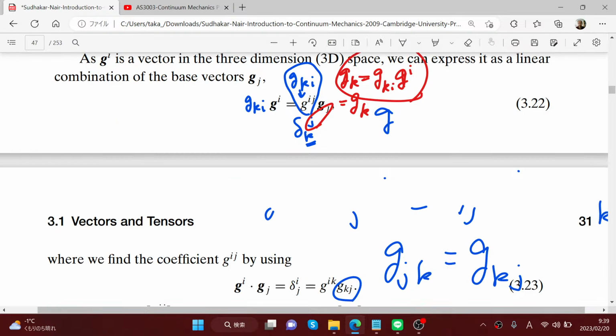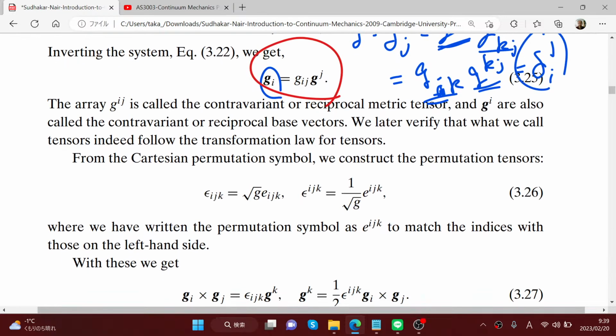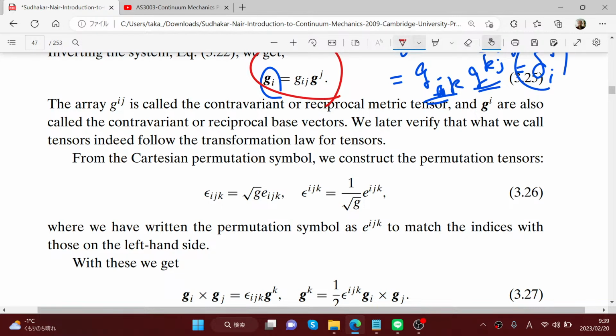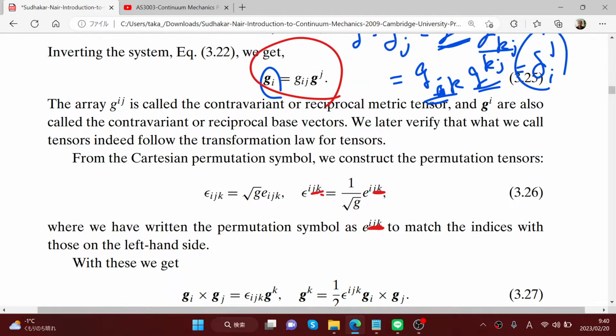I don't think the explanation of this book is so good. I don't know if he's talking about this upstairs symbol. But I think up to now we encountered only downstairs symbols, downstairs indices like this.